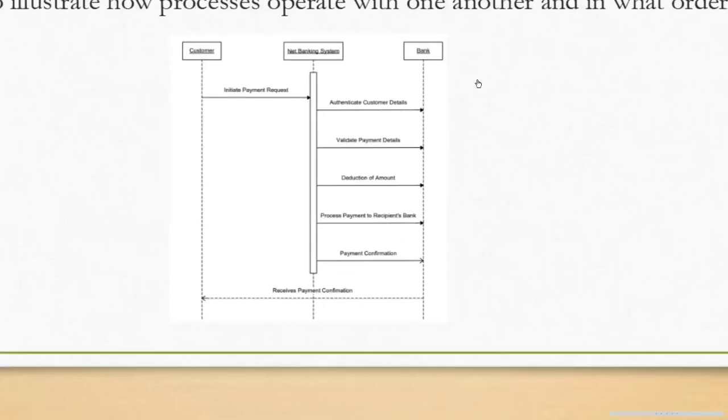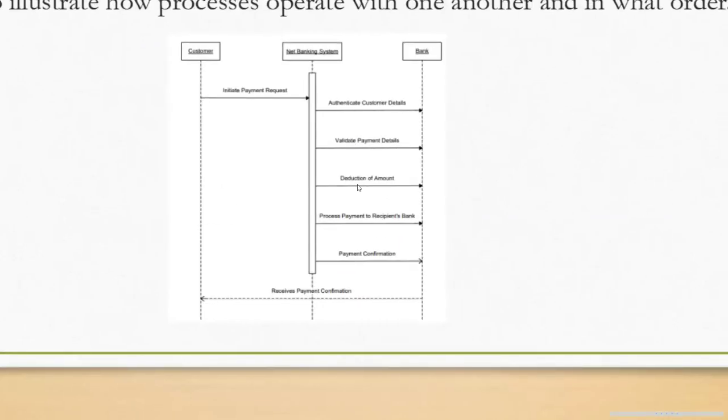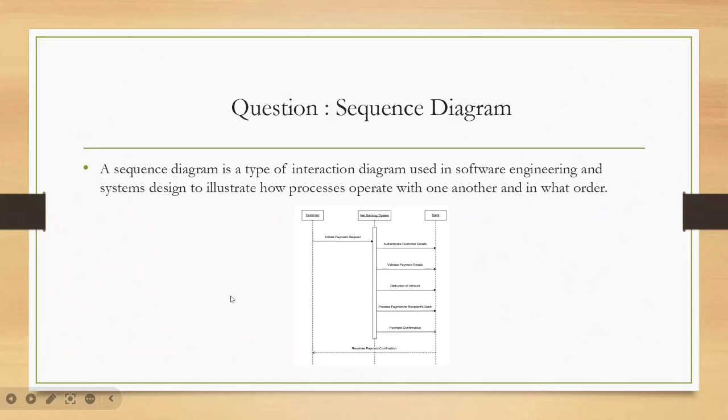In between: validate payment details, deduction of amount, process payment to the recipient's bank, and payment confirmation. At last, from the bank, you get a confirmation that you have done the payment. This is how you can represent the sequence diagram.